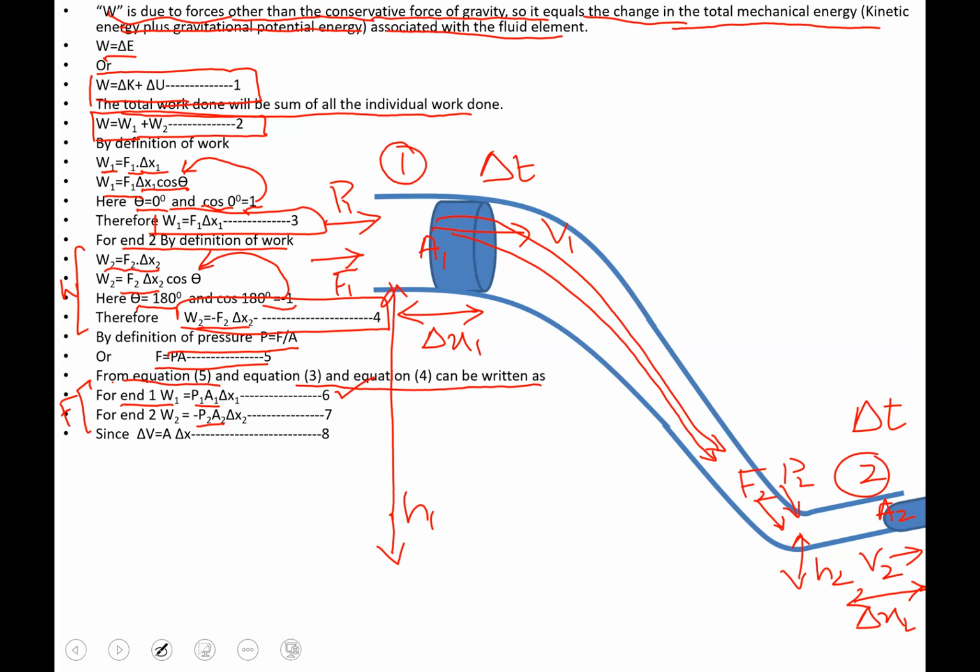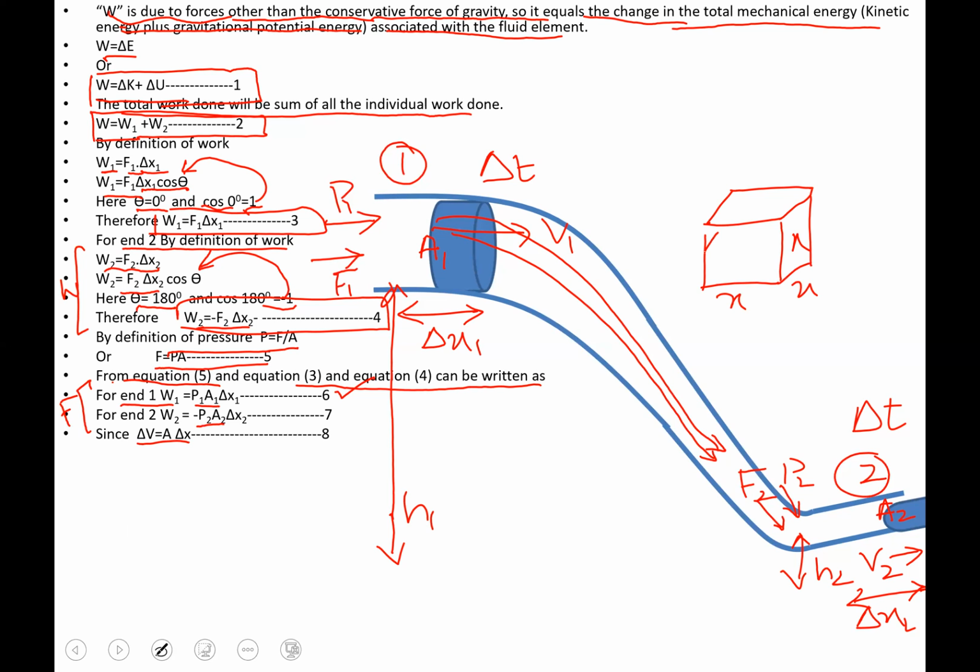Now we know that volume is equal to area into displacement. Let us consider a cube to understand it better. How can we calculate its volume? Let's say the length is x, the height is x, the width is x, and the breadth is x as well.